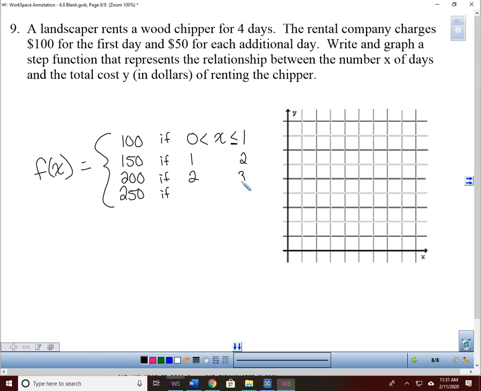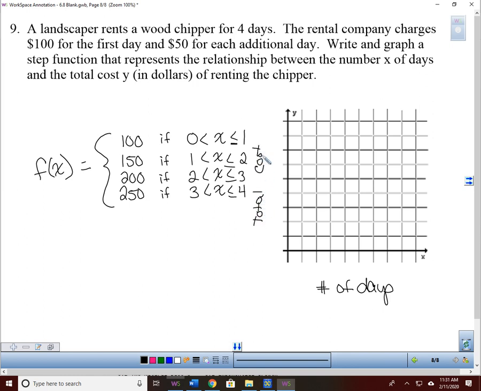This is day 3. This is day 4. So this right here would be my number of days. And then over here, this would be my total cost.